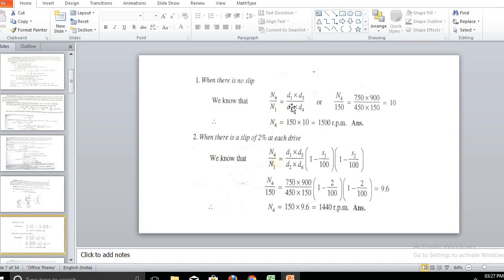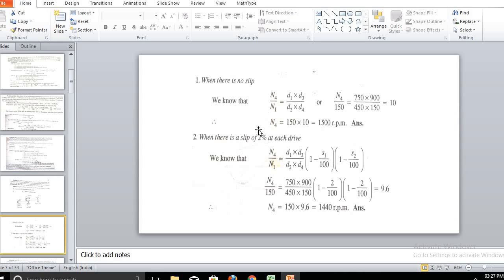N4 by N1 is equal to D1 by D2 into D3 by D4. Put in all these values: D1, D2, D3, D4 are given, and N1 is also given. So the calculation gives 150 into 10, which is 1500 rpm. Without slip this becomes 1500 rpm.